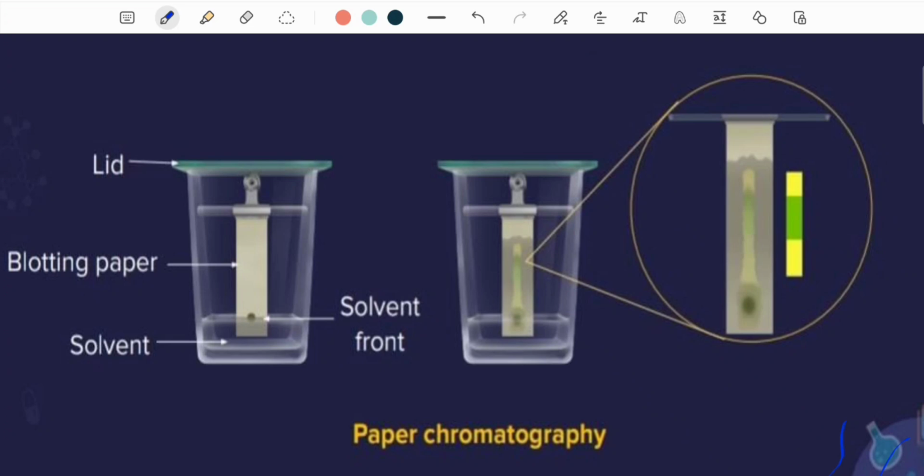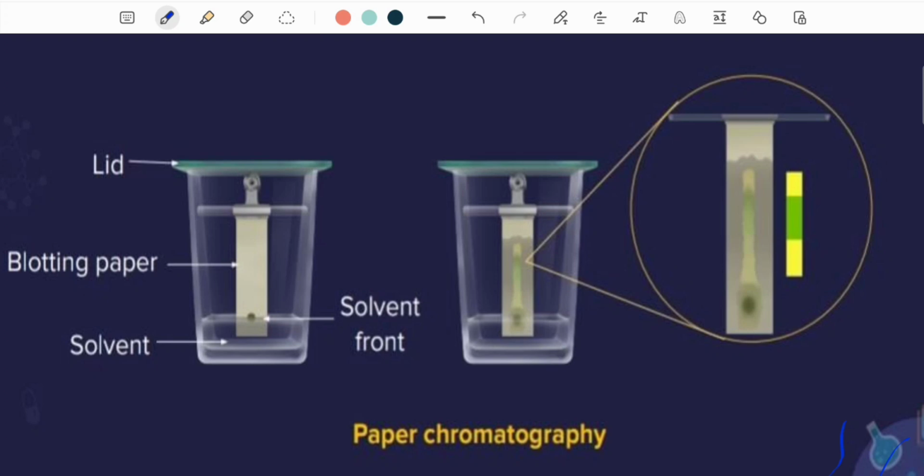Once again, have a look at this diagram. The chromatography paper contains water trapped in it, which acts as the stationary phase. A strip of chromatography paper spotted at the base with the solution of the mixture is suspended in a suitable solvent mixture. The solvent is the mobile phase and the paper is the stationary phase. The solvent rises up the paper by capillary action and flows over the spot.